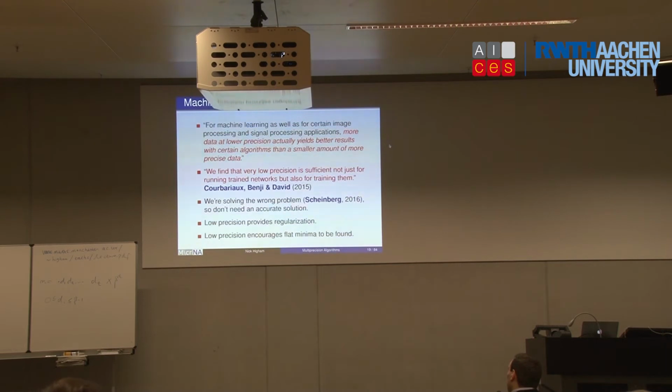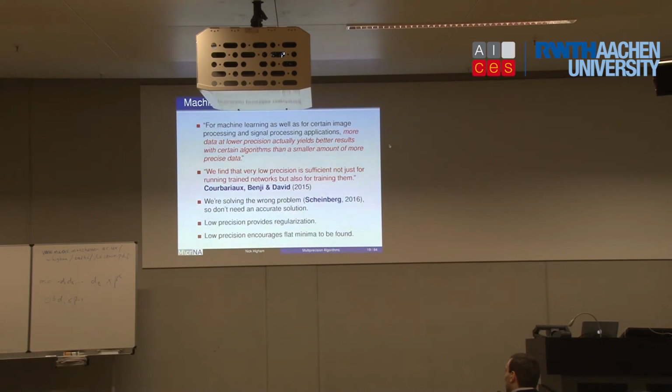So the question is why? I have asked a number of people, and I'm aware of three general arguments. There's a nice paper by Kathy in the Higham Activity Group on Optimization newsletter where she talks about the fact that in machine learning, from the optimization point of view, you're actually solving the wrong problem.